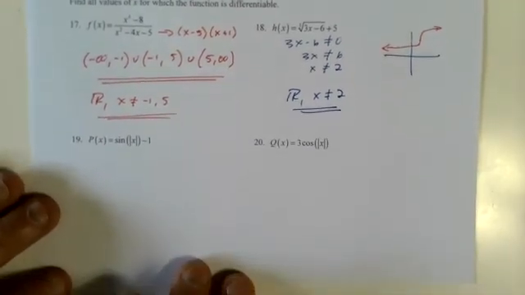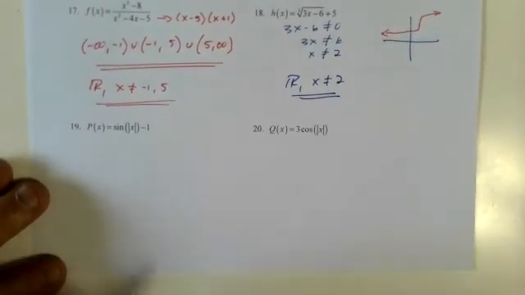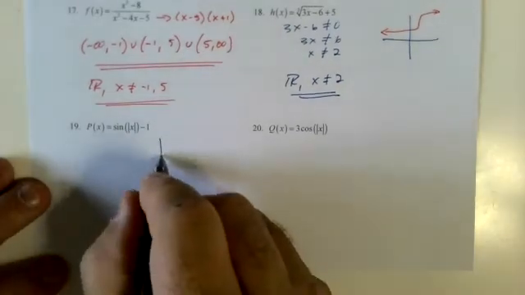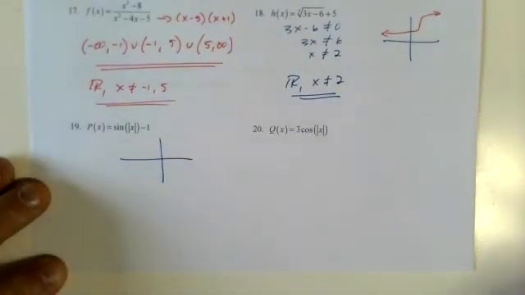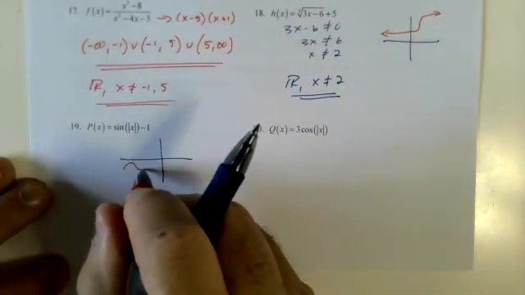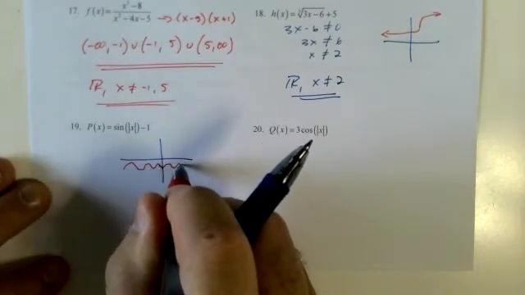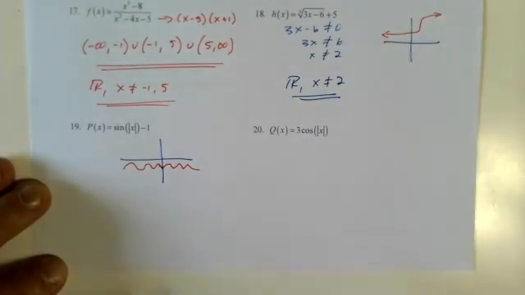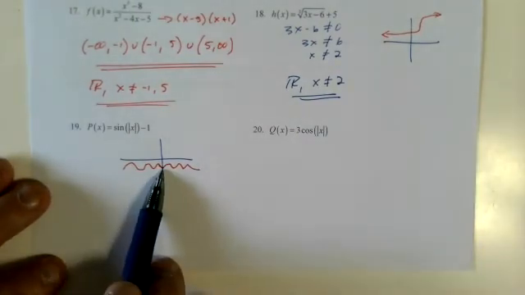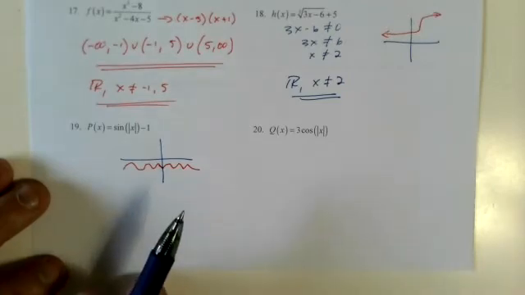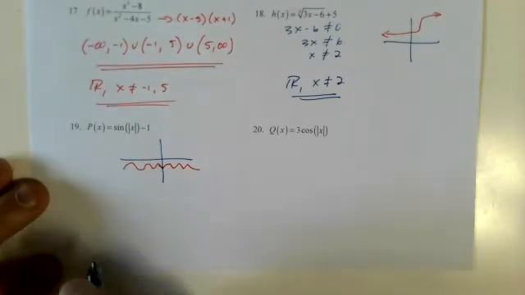All right, absolute value of x, it's fine. It's just going to be some weird graph. I made it look like there's a corner here, but there isn't. Yeah, no, it's fine.